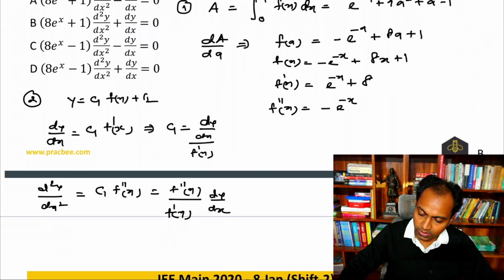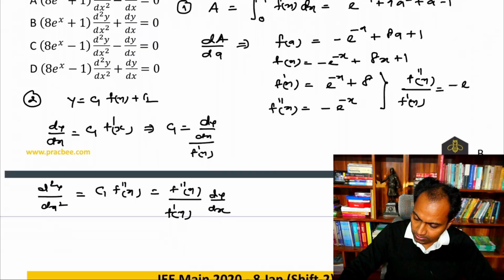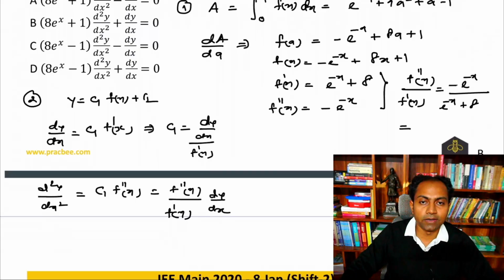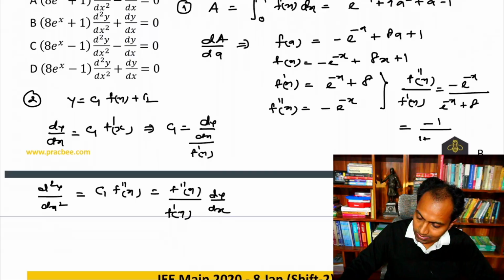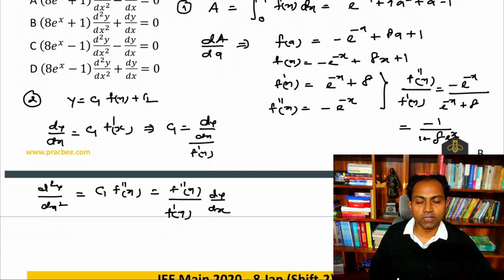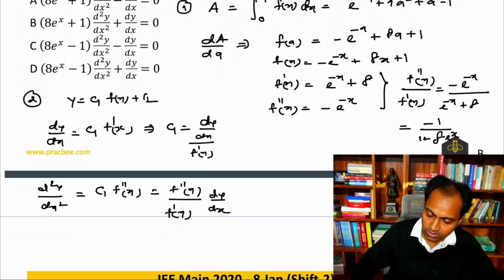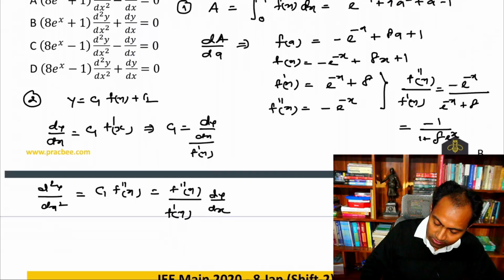Now if I find their ratio, f double dash of x by f dash of x, this will be equal to nothing but minus e raised to the power minus x by e raised to the power minus x plus 8, and that in turn comes out to be minus 1 by 1 plus 8 e raised to the power x. Once we have got this, now we can substitute this in the d2y by dx square equation that we have got.